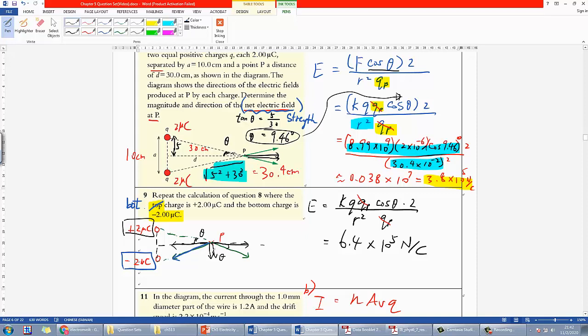So the resultant will simply be the one going down, and that's why I multiply by 2 here. The rest is very typical, where again the charge of P is cancelled out. That's why they didn't tell you anything about P, and you don't have to care about it. This is how you can find the answer for question 9.